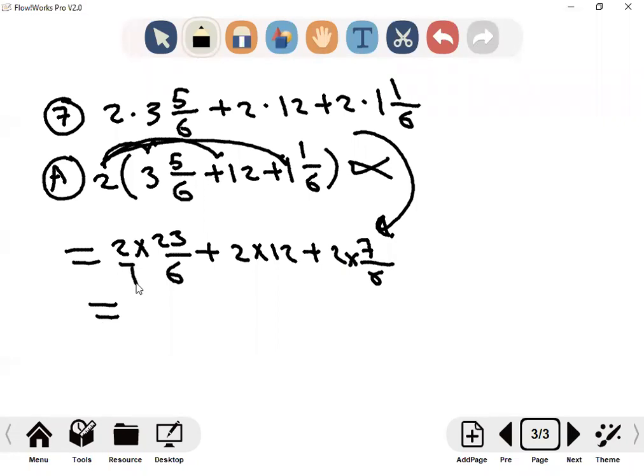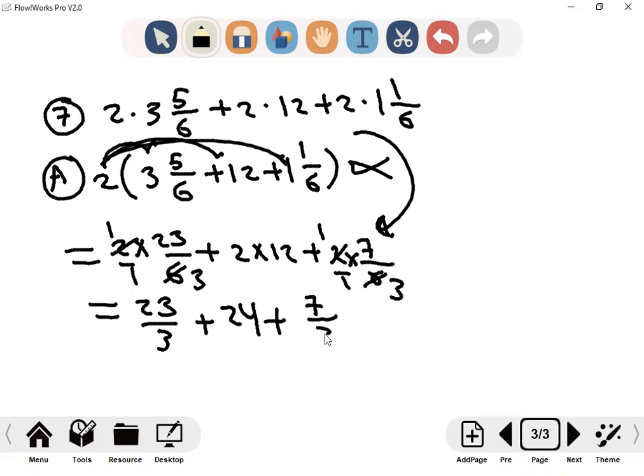This is over 1, careful crossing. On 2, 1, on 2, how much? 3, so it will be 23 over 3, or you multiply normally, 2 by 23, 1 by 6, then divide normally. Here, 2 by 12, how much? 24. Plus, here also on 2, 1, and on 2, 3, it will be 7 over 3.